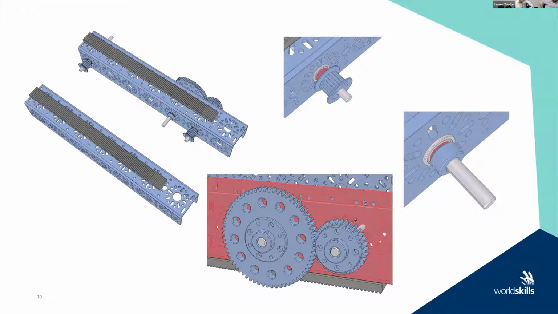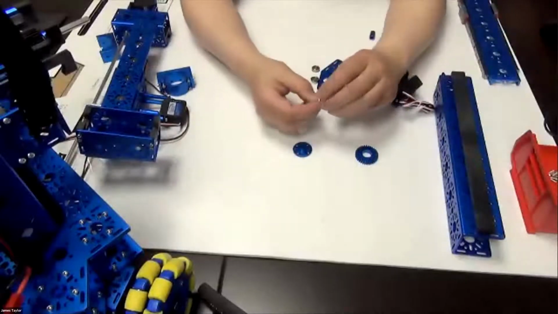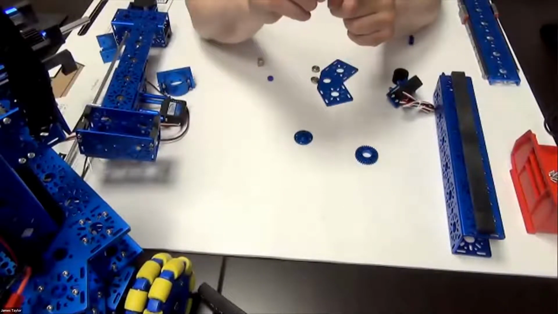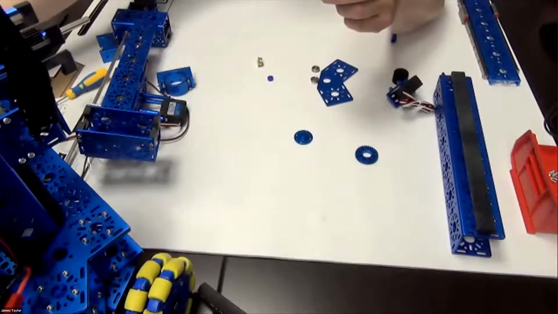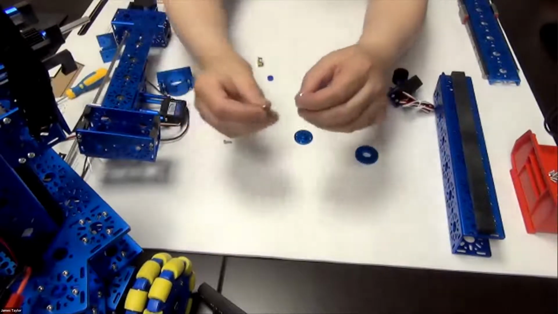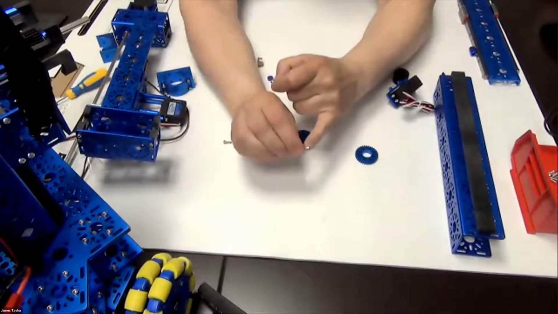I'll go back and cover that one more time. When we mounted these, it's a little hard to see, we used the button head, as opposed to a regular socket-headed cap screw with the large end on it.